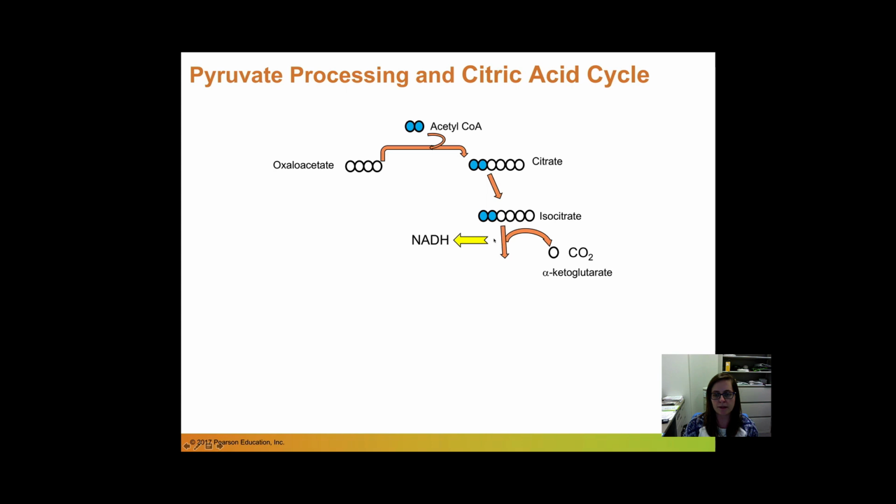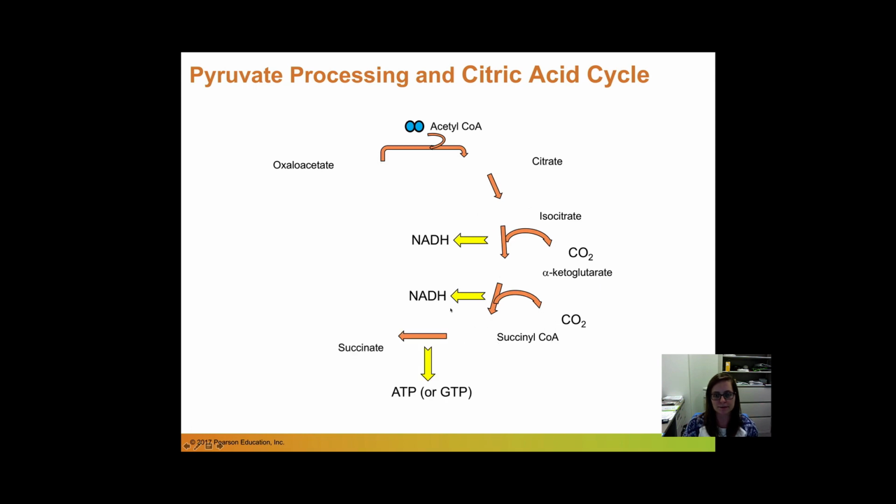And then 1 molecule of carbon dioxide is released, and 1 NADH molecule is produced. And we end up with 5-carbon alpha ketoglutarate. Okay, so here's a carbon coming off. Then another CO2 molecule is released, and we end up with a 4-carbon succinyl-CoA, and another NADH is produced.